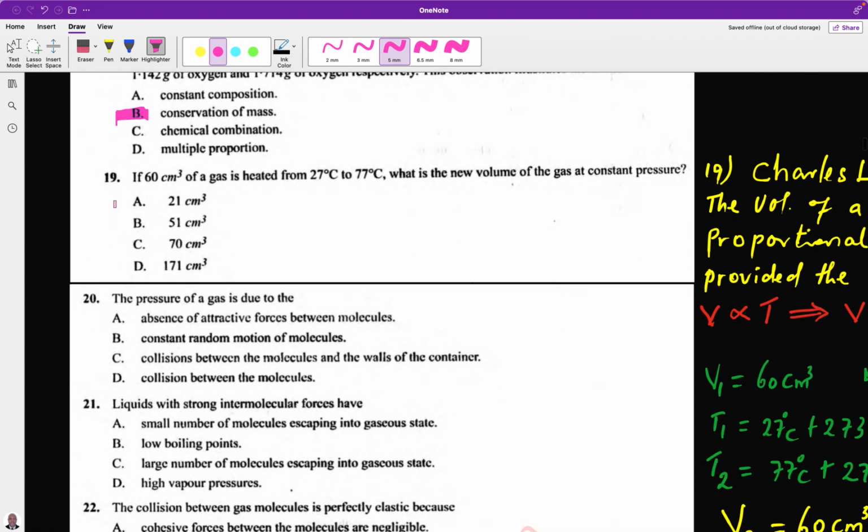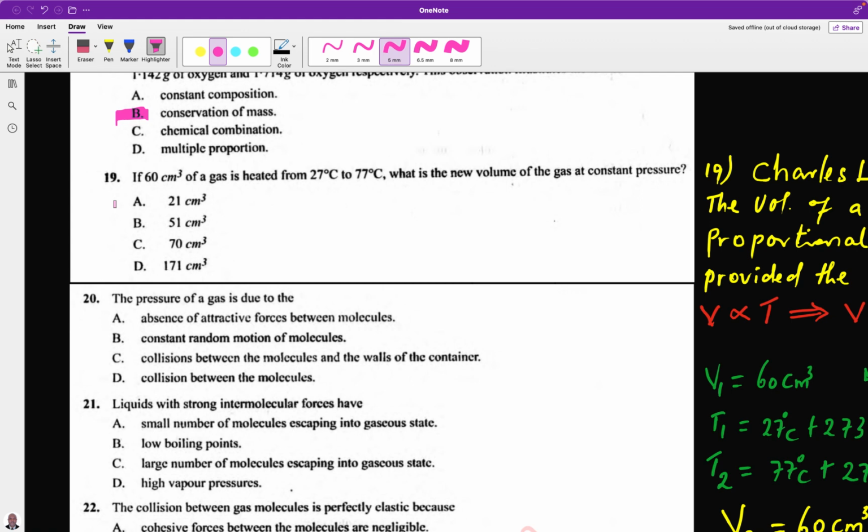Number 19, if 60 cm cube of a gas is heated from 27 degrees Celsius to 77 degrees Celsius, that is, the initial temperature is 27, the final temperature is 77. What is the new volume of the gas at constant pressure?